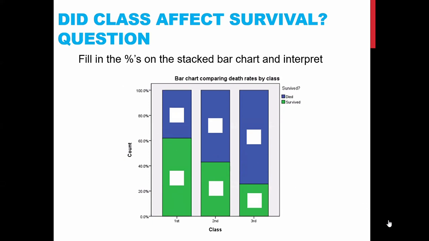Can you all agree that looking at this figure, you can already make a summary or description of the chances of survival and mortality of the different classes? Okay, next slide, please.